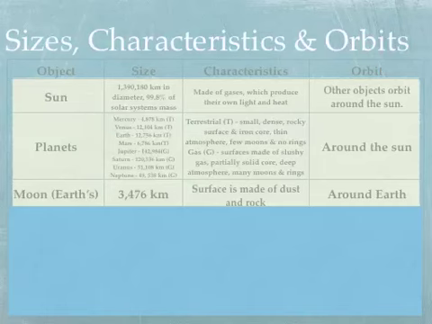They have a rocky surface and an iron or metal core. Their atmosphere is very thin, so this is the part that's just right above the crust of the planet. Terrestrial planets have very few moons. Earth, as you know, has 1 moon, and there are no rings around terrestrial planets. So that's the first category or group.